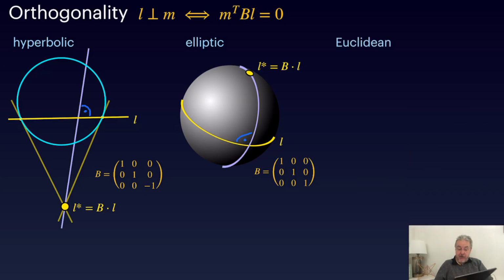How about Euclidean geometry? In Euclidean geometry, we have our line, and our fundamental object this time has a 0 in that spot.